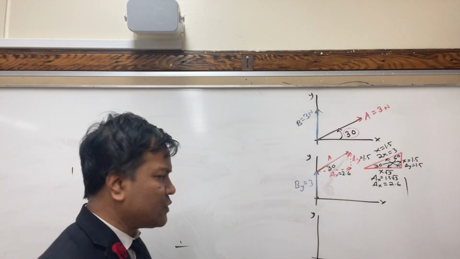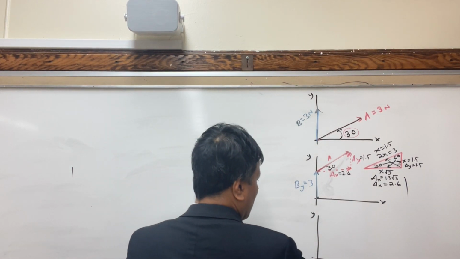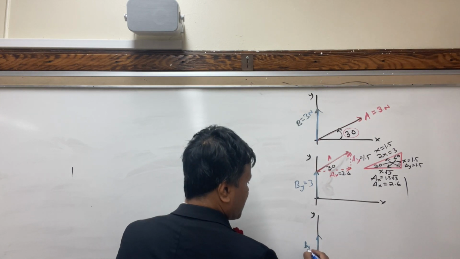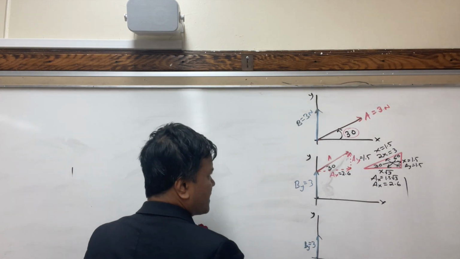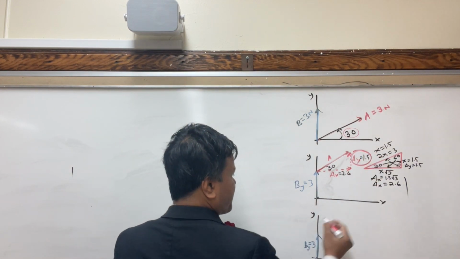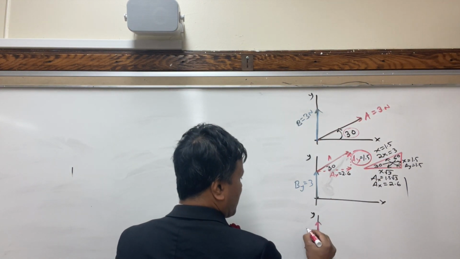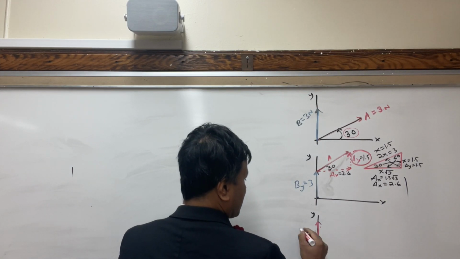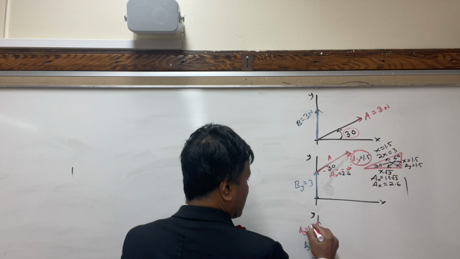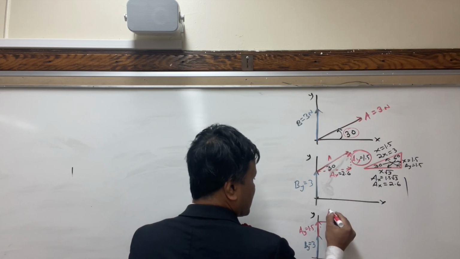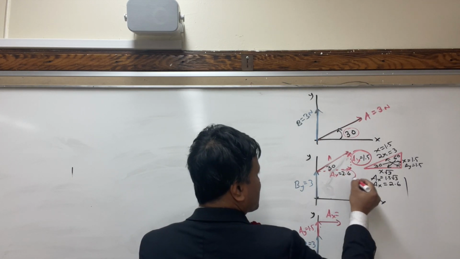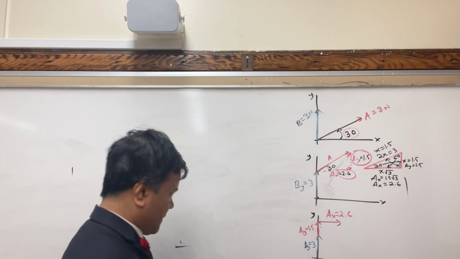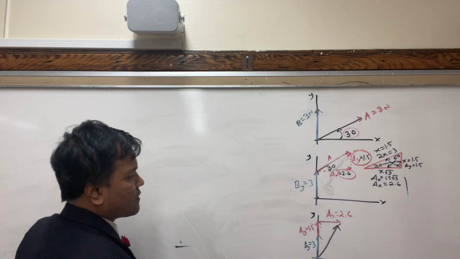So far so good. Now what are we going to do? We're going to draw the by, and by is 3. We're going to add it with ay. Ay is of course 1.5, and this is ax. Ax is of course 2.6. Now we can draw the resultant.